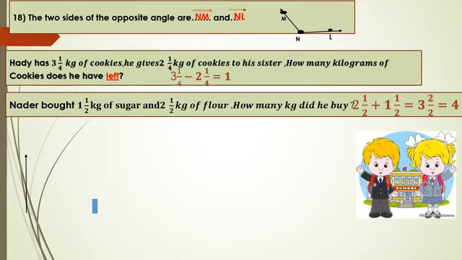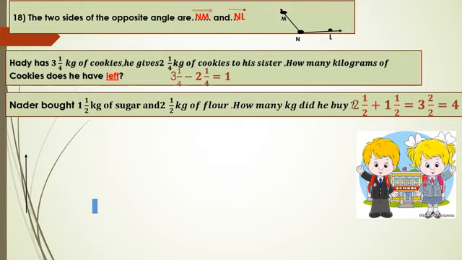We add whole numbers. 2 plus 1 equal 3. And we write the same denominator, which is 2. And we add the numerator. 1 plus 1 equal 2. Then we add numerator. 1 plus 1 equal 2.